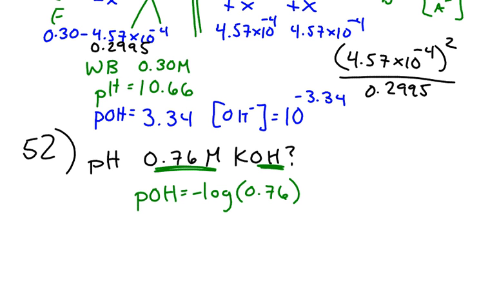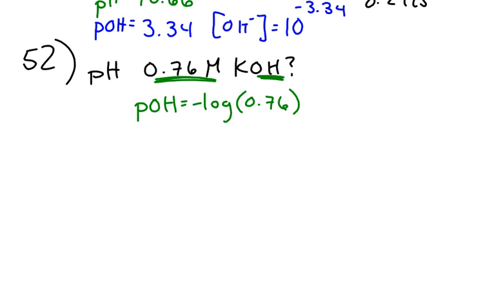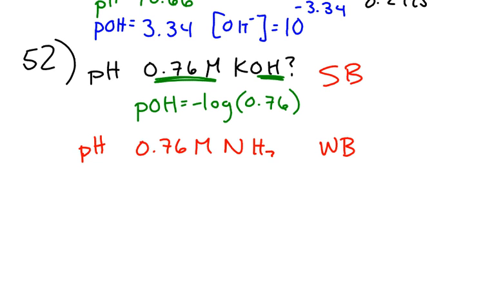Wait, so if it was a weak acid or a weak base, what would you do then? Good question. Let me make sure I label this. This is a strong base right now. So if this is a weak base, let's do one here. That's a weak base, NH3.